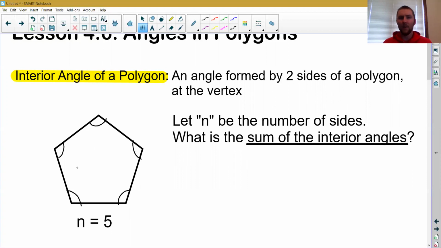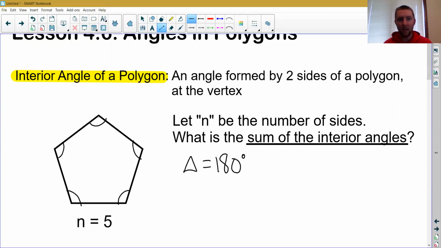This basically comes from the idea that the sum of the interior angles of a triangle is 180 degrees. The sum total of the angles in a triangle is 180 degrees. So I can take this five-sided shape and divide it into a number of triangles.